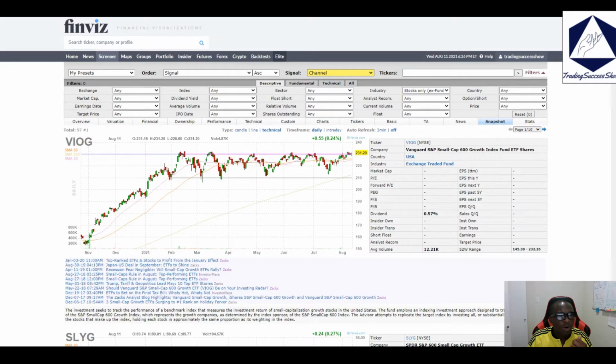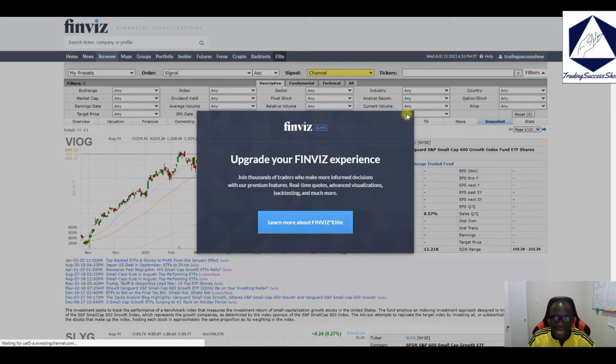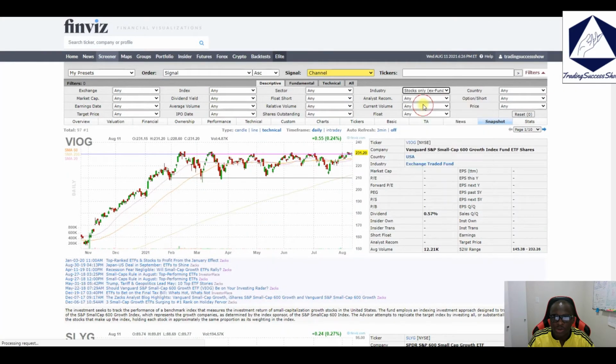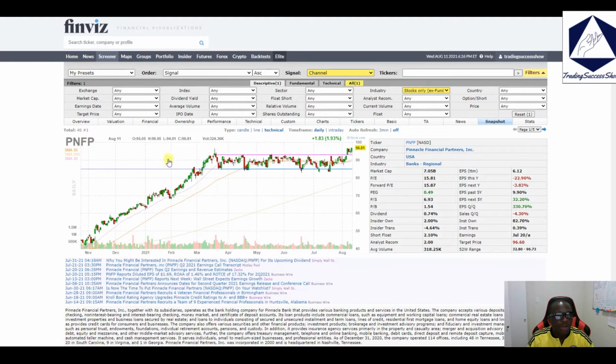So we're going to scan that out of our list. So it's going to be stocks only, no ETFs. You can deal with the volume and average volume later. You can also deal with the actual volume traded for the day, but we won't be talking about that. I will just be showing you a chart pattern that I love to take trades on.